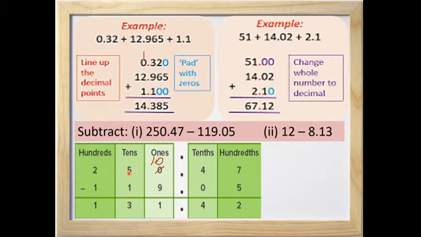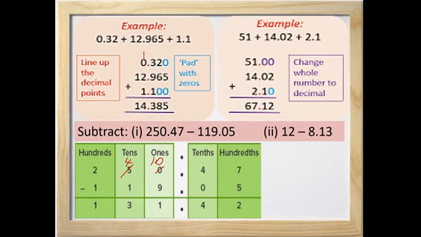Since we borrowed 1 from 5, it becomes 4. So you cancel out this 5 and write 4 here. So 4 minus 1 is equal to 3. Now 2 minus 1 is equal to 1. So the difference of these two numbers is given by 131.42. Is it clear, children?